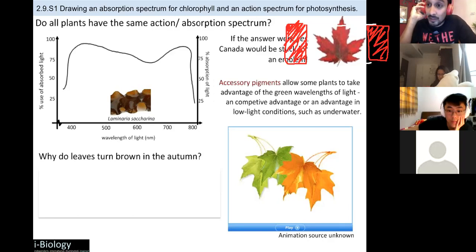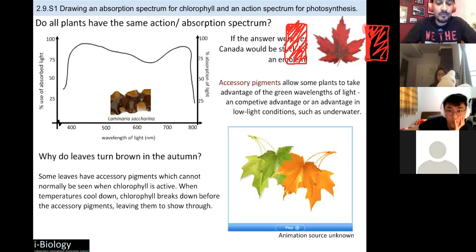Some other pigments are able to absorb green, and you can see that in plants that live underwater. If your access to light is quite limited, you want to absorb as much as possible. So even green light, you're not going to reflect as actively, because you want to keep as much as you can.